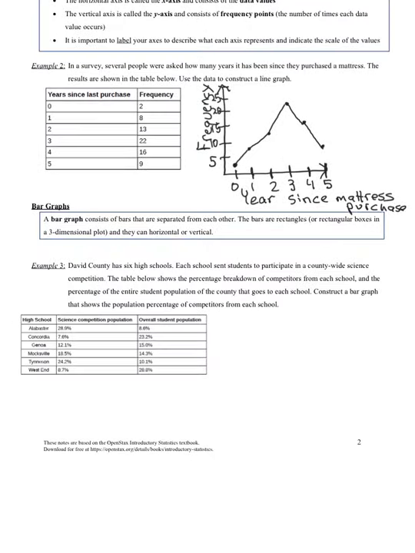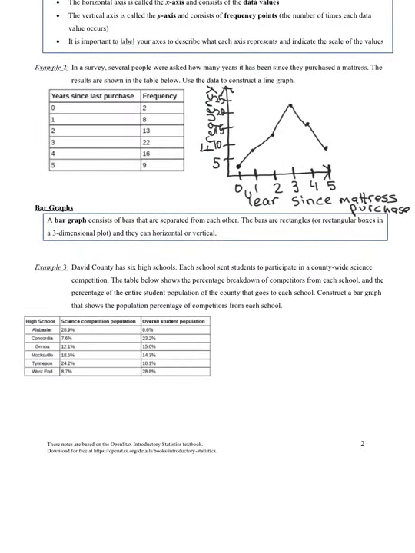In example 3, we'll be discussing our bar graph. And that talks about 6 high schools in a county, each participating in a county-wide science competition. Our table here represents a breakdown of the competitors from each school and the percentage of the entire student population of the county.